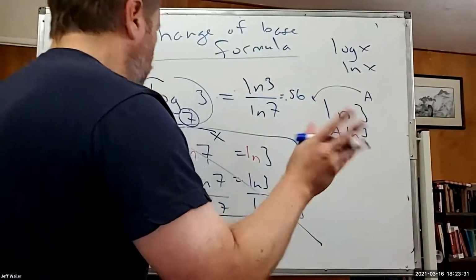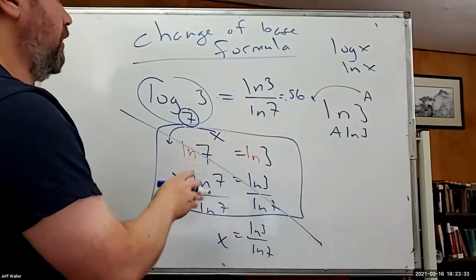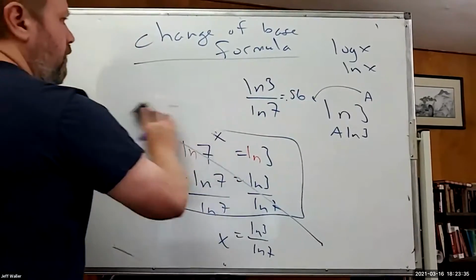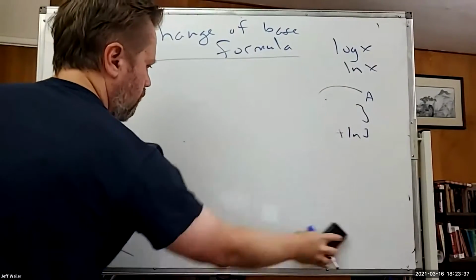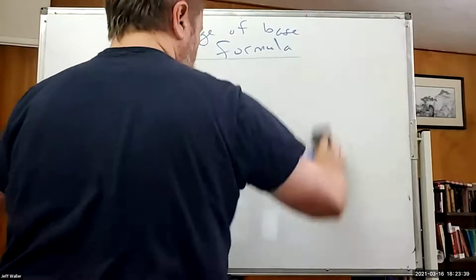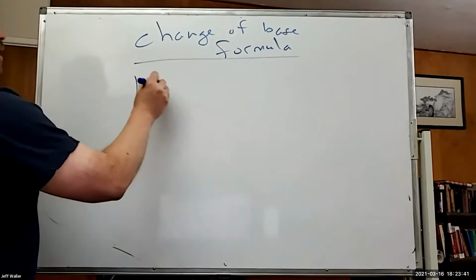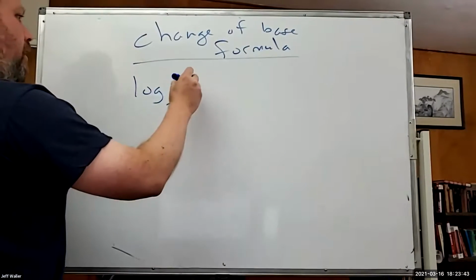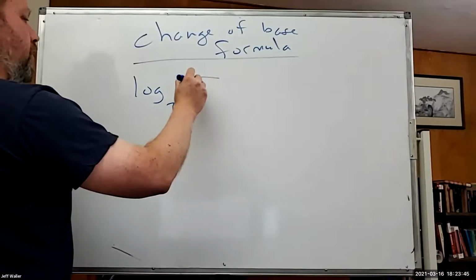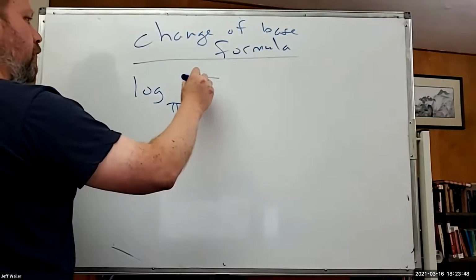So real quick, before I show you the ultimate shortcut, do this for me. And then I want to show you a proof of something, and then I'll show you the shortcut. What is log base pi of square root of 14.9?